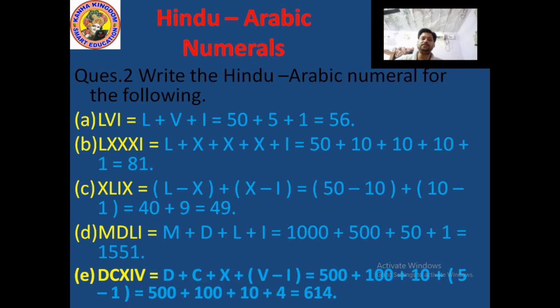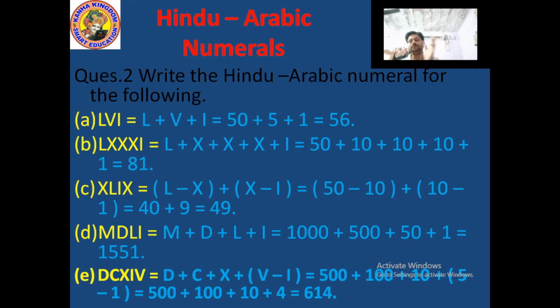Another part is the E part: D, C, X, I, V. All the letters are capitals. First you see whether all the letters are in descending order.